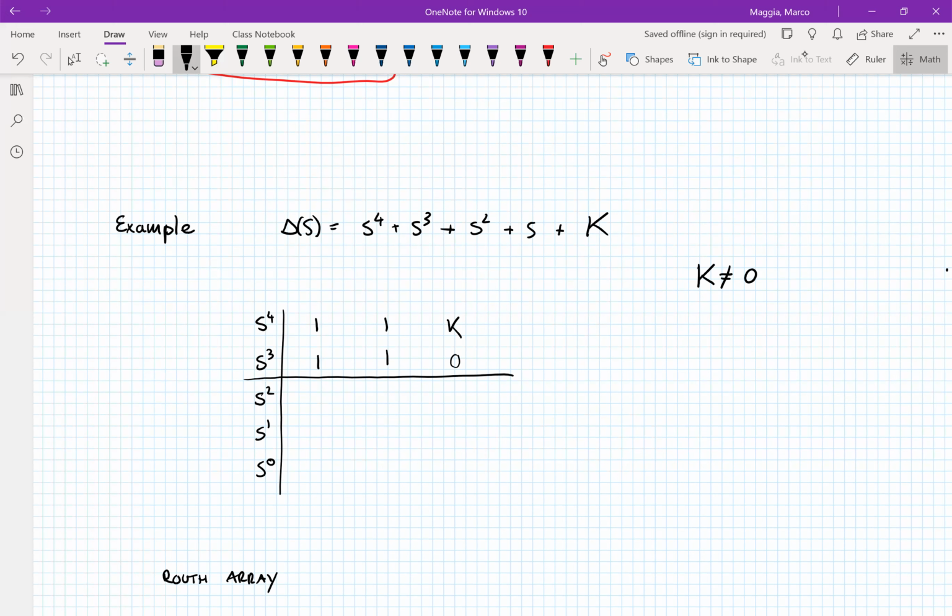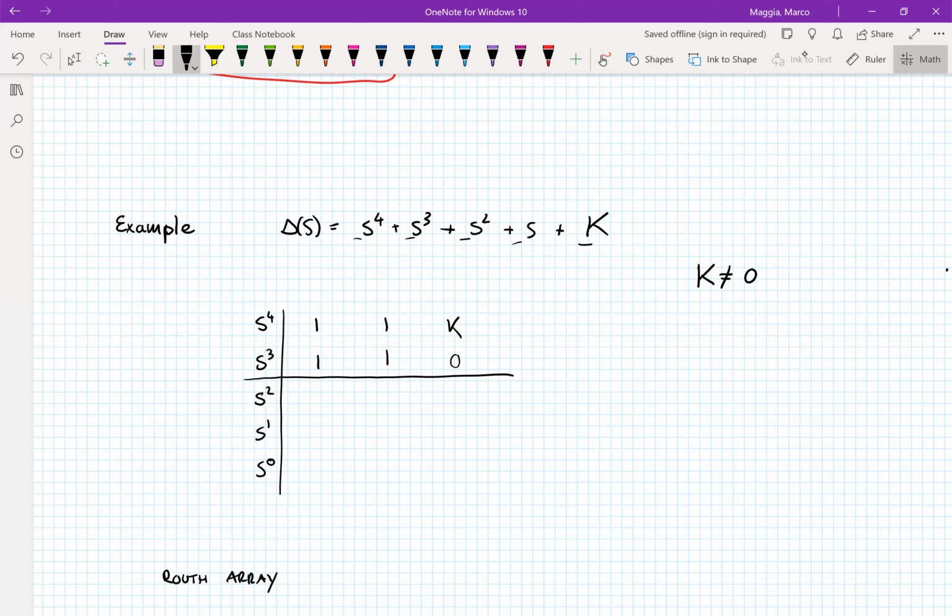Remember that the necessary condition for stability said that all the coefficients of the characteristic polynomial must have the same sign. So if k is negative, obviously it doesn't have the same sign as the other coefficients, which are 1, 1, 1, positive ones. So we already know that for k that is negative, the system is unstable.